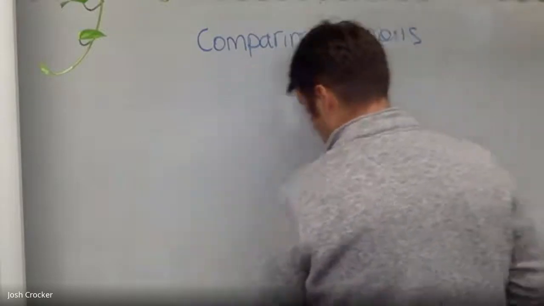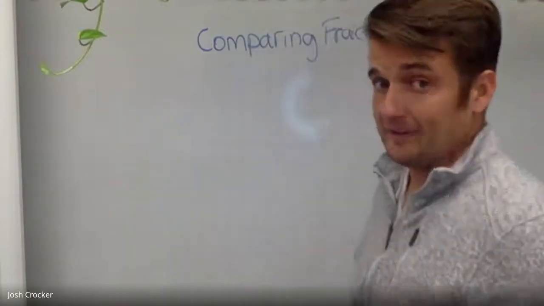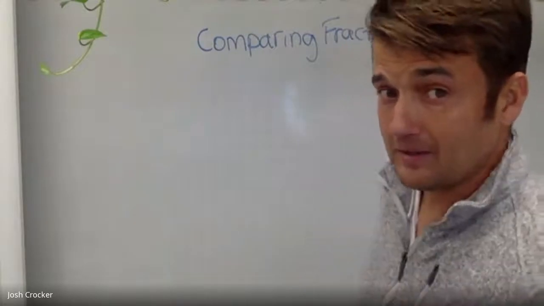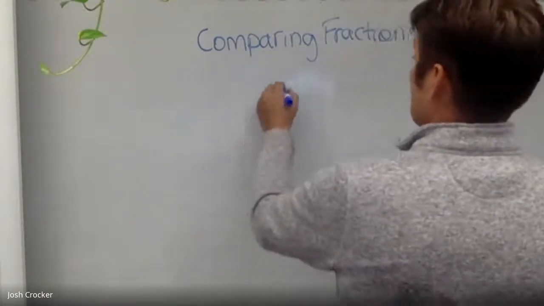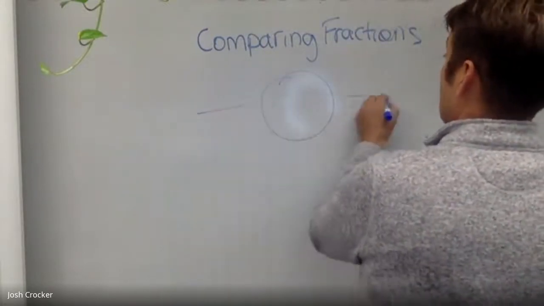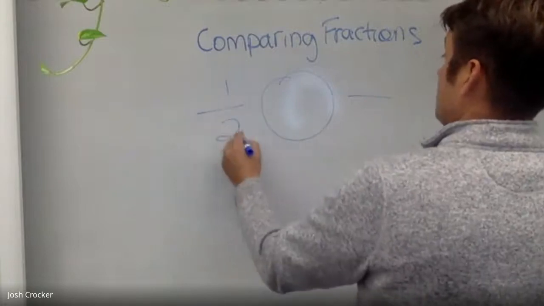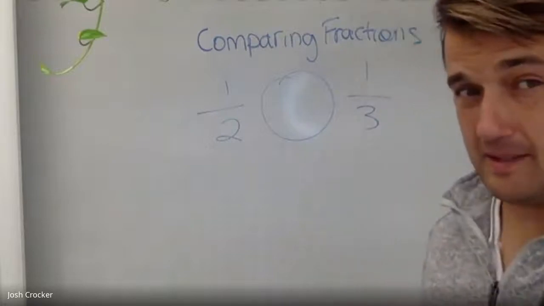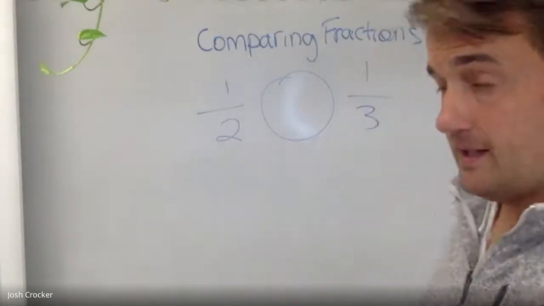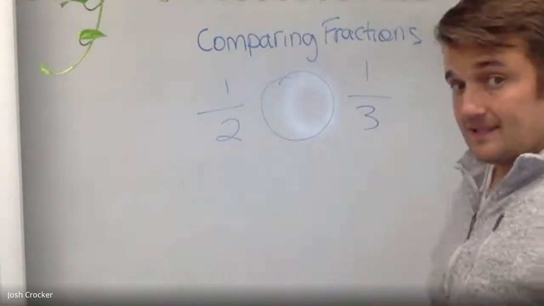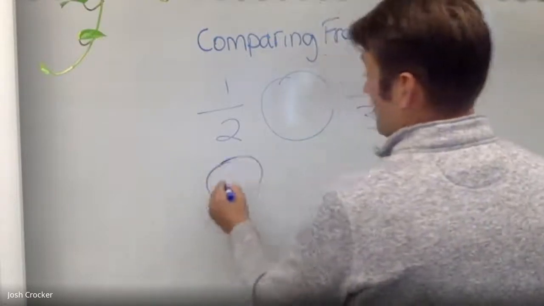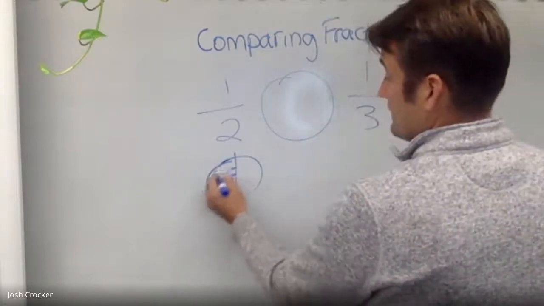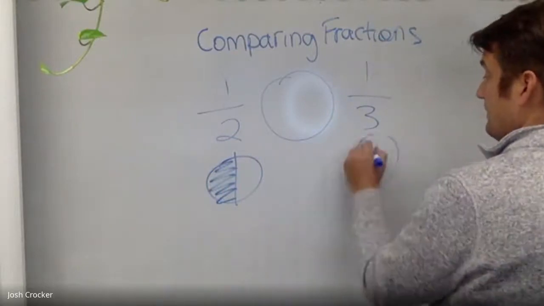Now, what if they have the same numerator? So let's say we're looking at two fractions and we have 1/2 and 1/3. Okay, this is a little bit more tricky. So in this case, right, we've got different size pieces.